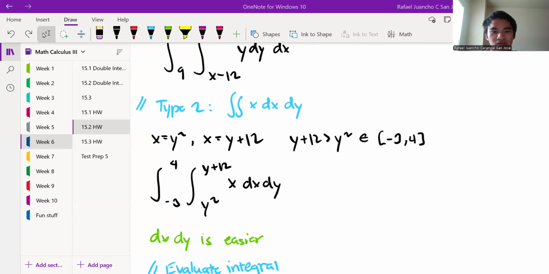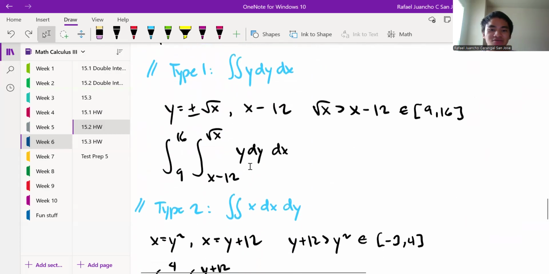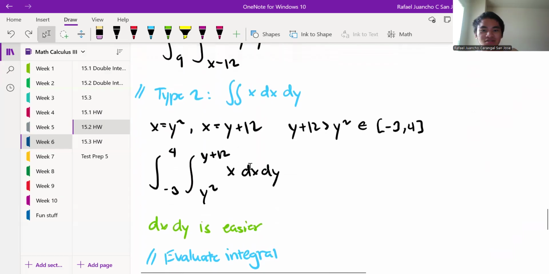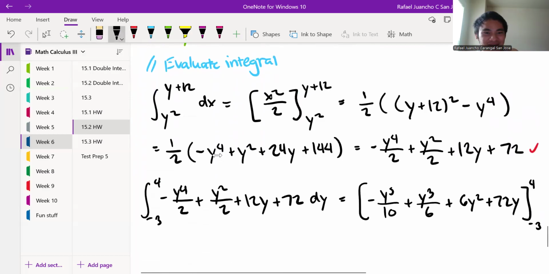Oh my goodness. I said it here. It's going to be y no matter what. Oh my gosh. So this is y. That's my actual function. This is my y.